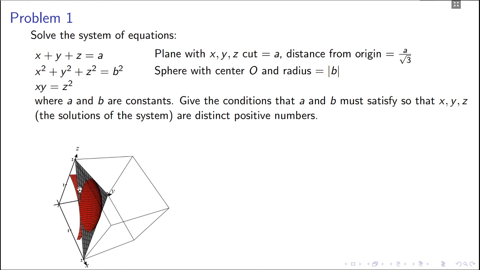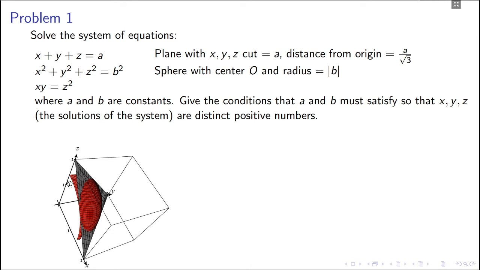But of course, we also want the cut to remain in the first octant. So in case the cut of the plane becomes smaller than the sphere's cut on the axis, then again there will be no solution. So how do we represent that condition?